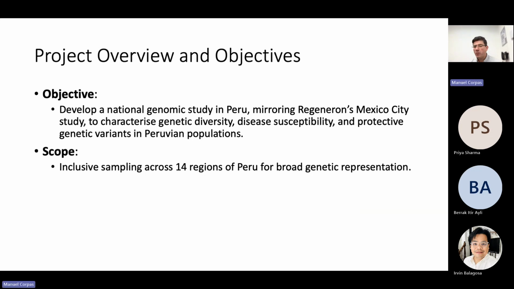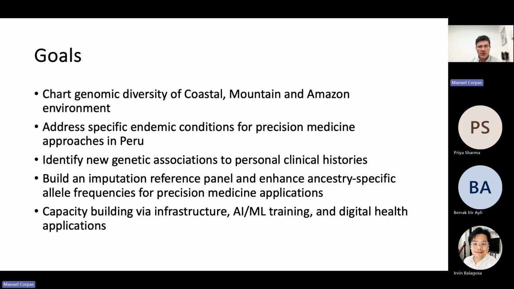So what's the scope? We're going to include sampling from across 14 regions of Peru for broad genetic representation. And we want to chart the genetic diversity of the coast, the mountain, and the Amazon environments so that we can address the endemic conditions with precision medicine approaches in Peru. Precision medicine approaches, which are based on big data, do require that the population you are going to give them to has been represented in existing models.